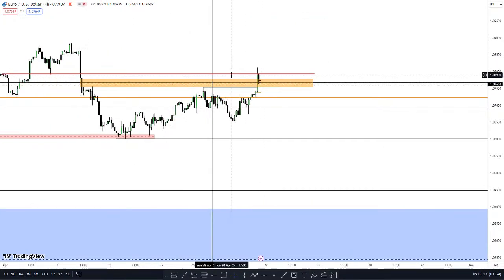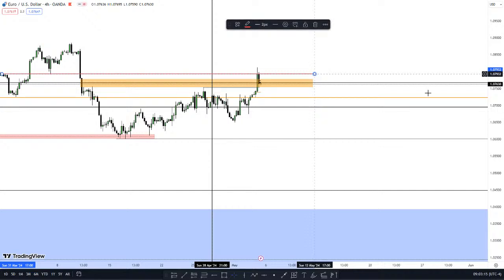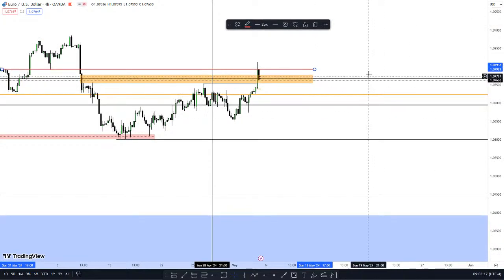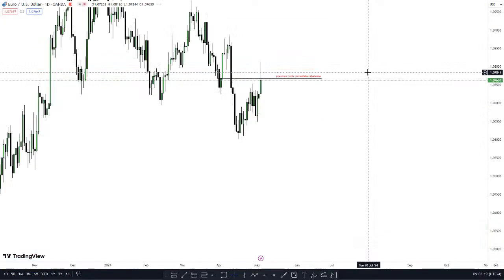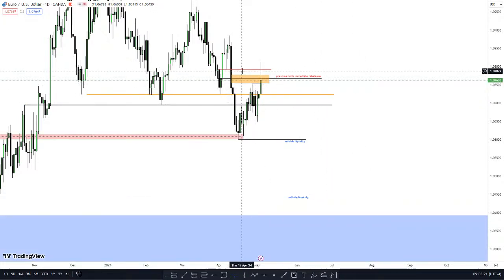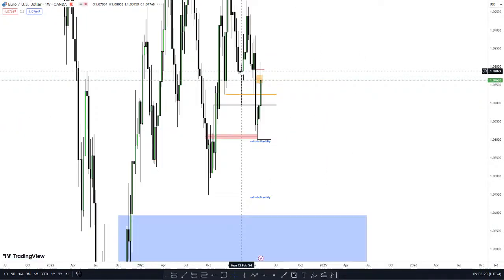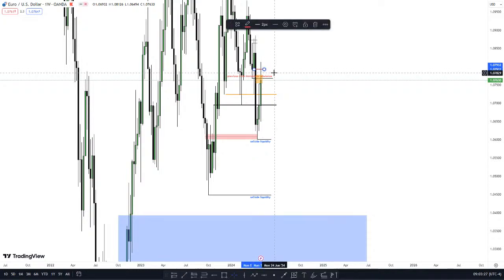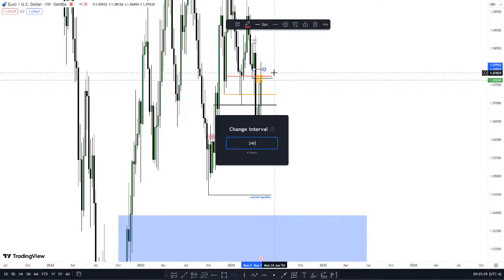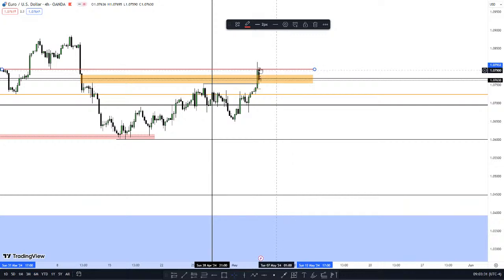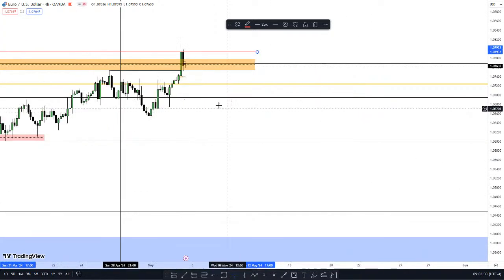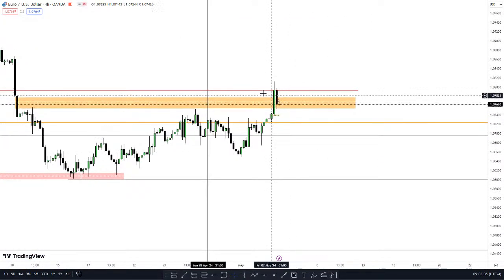Now the fact that we hit the weekly OB and rejected from it, and seeing that rejection on a 4 hour, and especially the bodies of the candle respecting that OB, was nice.